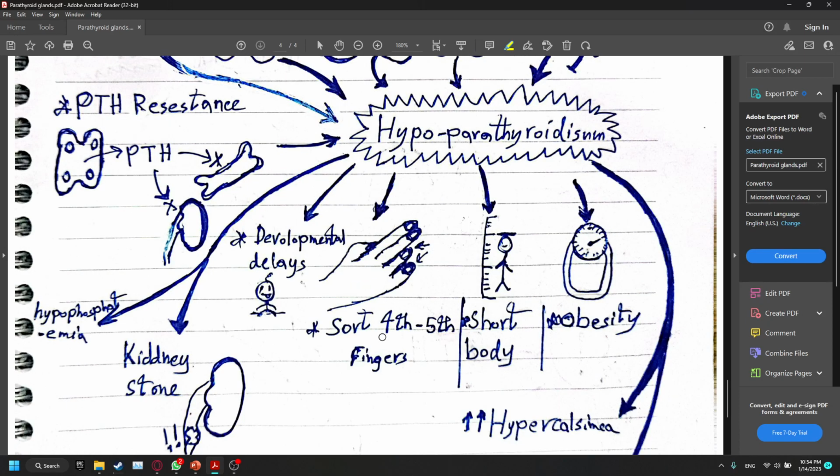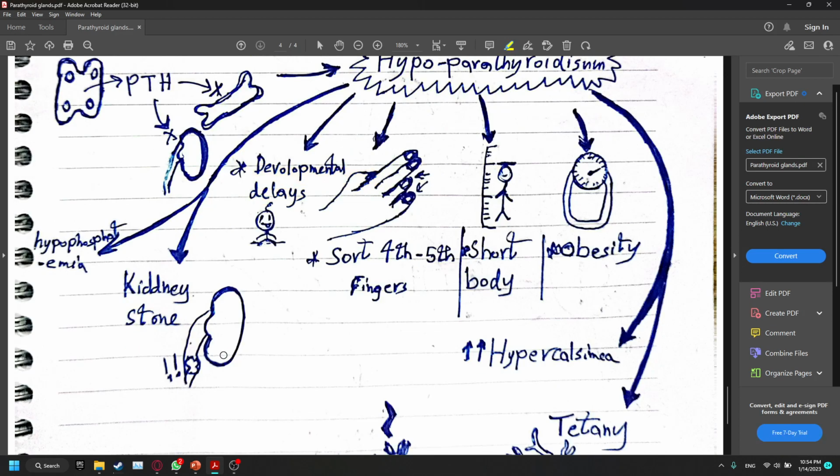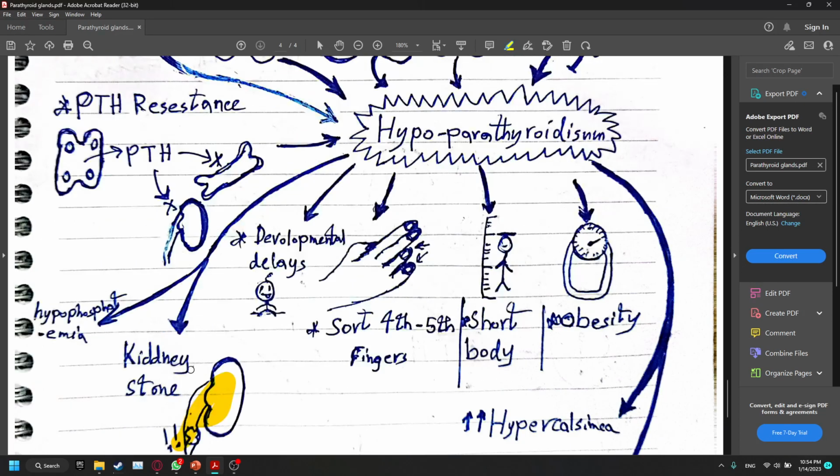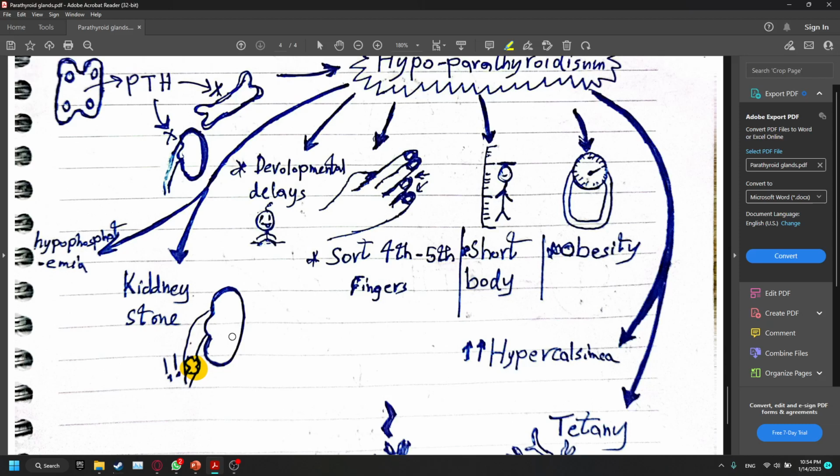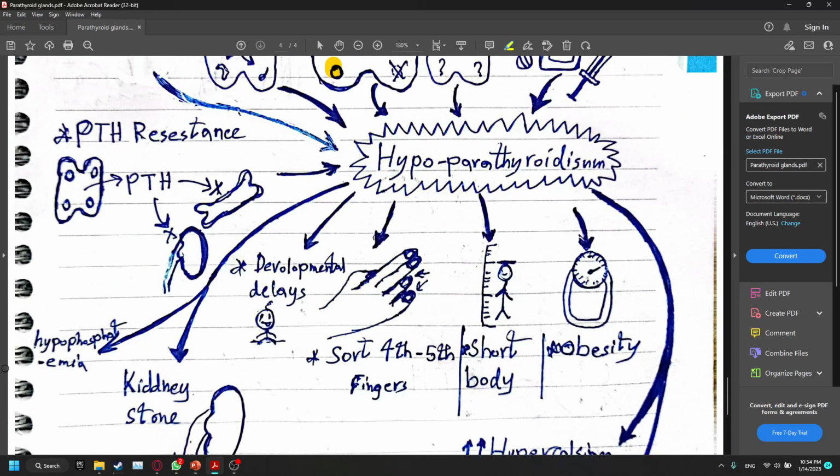It can also cause shortness of the fingers, mainly the fourth and fifth digits here. Developmental delays, obviously. It can cause kidney stones, mainly because high levels of phosphate in your body can cause a phosphatic stone.